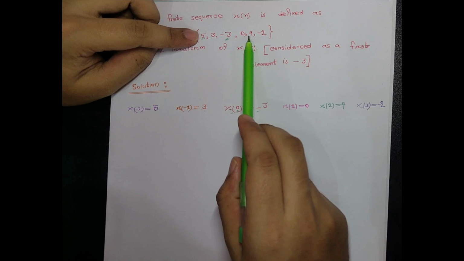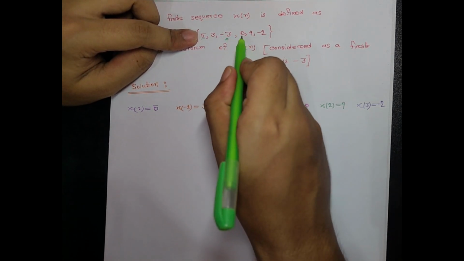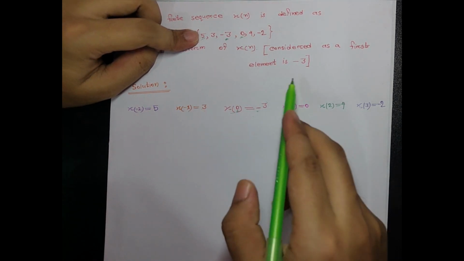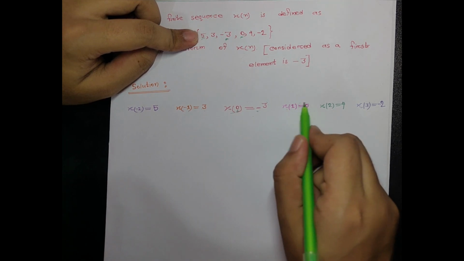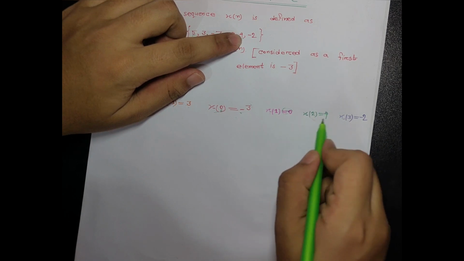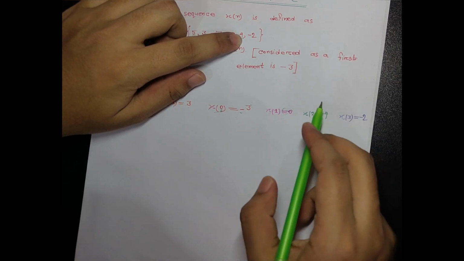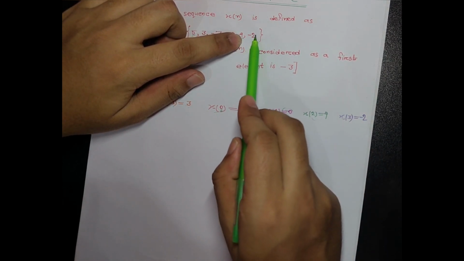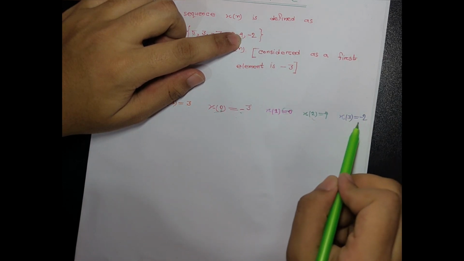And for the right side, x of 1 is 0, x of 2 equal to 4 and x of 3 equal to minus 2.